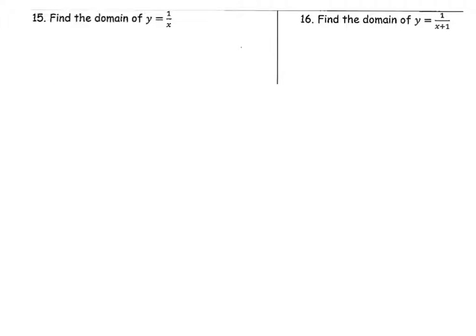All right. 15, find the domain of y equals 1 over x. I can plug in anything except 0. Caitlin, why can I not plug in a 0 for x?